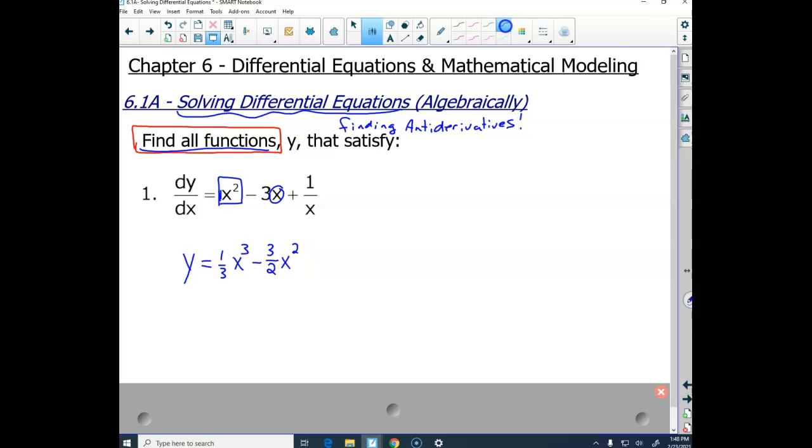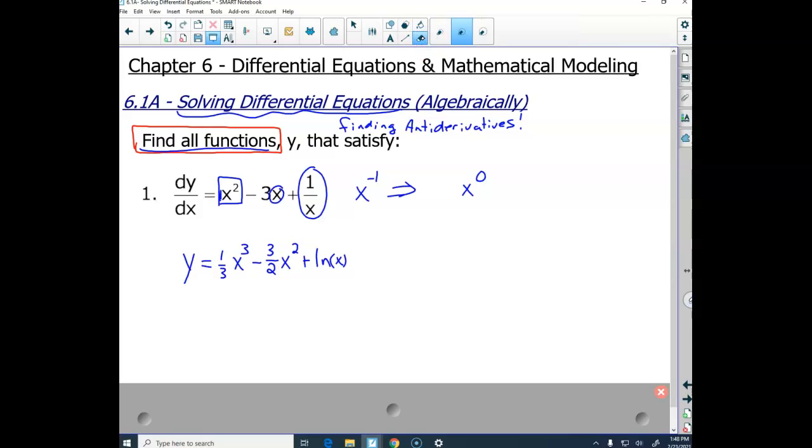And then this is going to be plus. Usually we're going to be looking at this, and we're going to say, ooh, this is x to the negative 1. Well, if I add a power to x to the negative 1, I'm going to get x to the 0, which means I had no x's. Ooh, what's going on there? That is where your natural log of x comes out, and it's technically an absolute value of x.